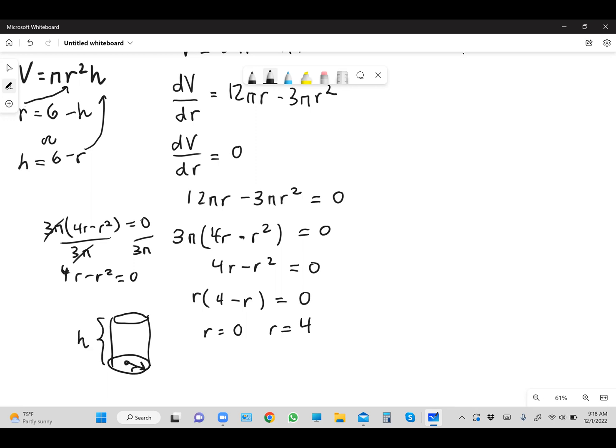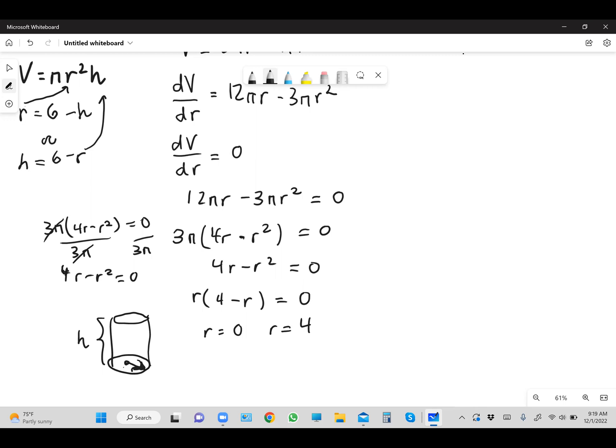Now it's telling us r is 4 and r is 0. When r is 0, is there a cylinder? It doesn't exist. So obviously it's going to be the minimum, because the cylinder doesn't exist. Now when it's 4, it says it's the max.